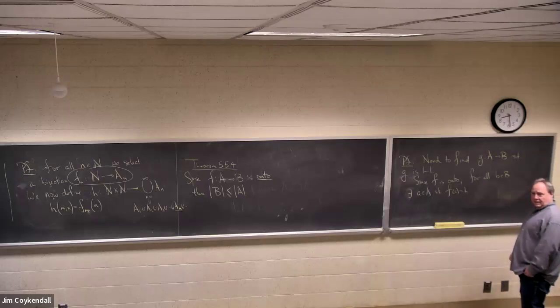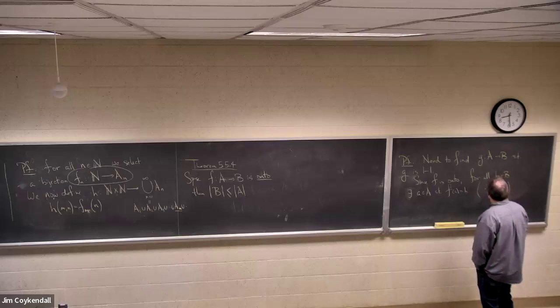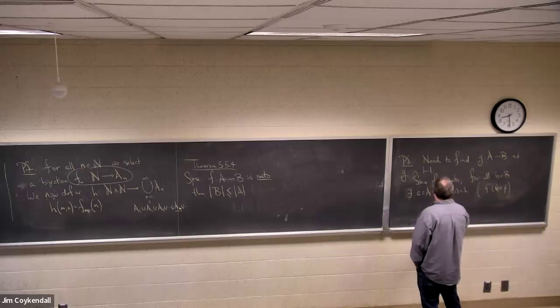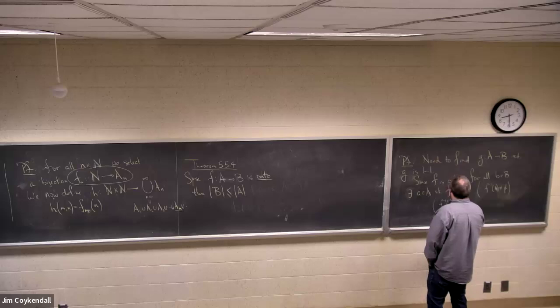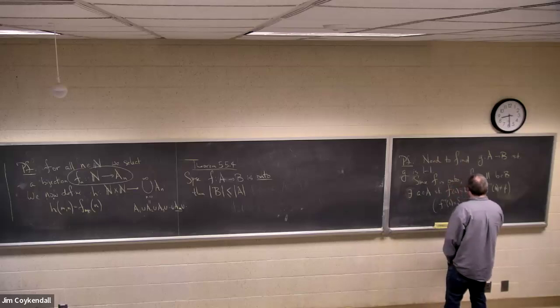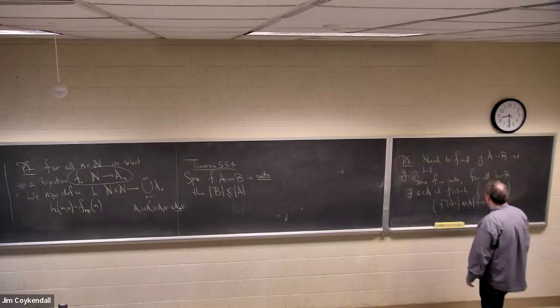Everybody good with that? So another way you might think about this, and you probably thought about this in homework, is that F inverse of B is not empty. Remember, as a reminder, F inverse of B is the set of X in A such that F of X is in the set B, which in this case means equal.